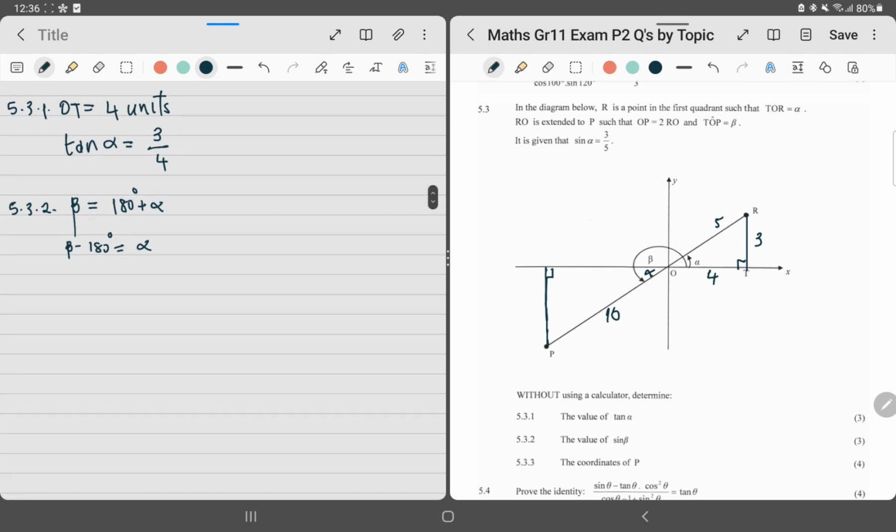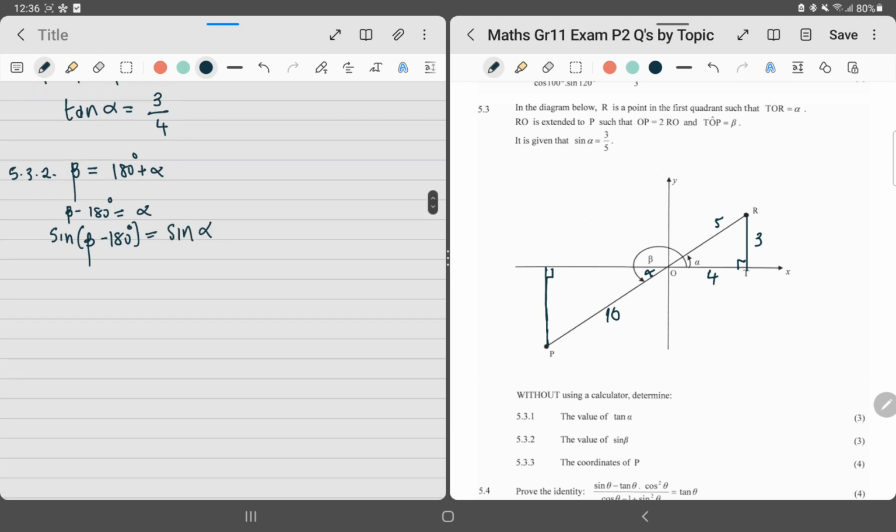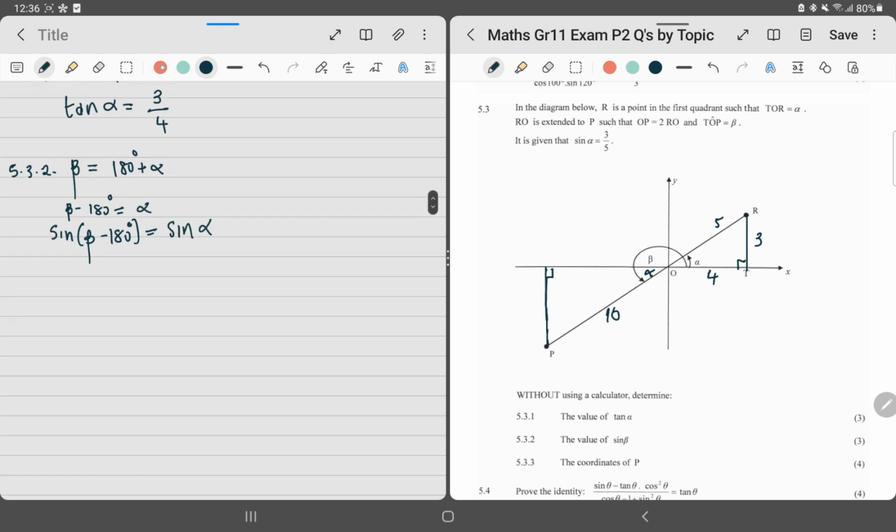And then I'm just going to introduce sine on both sides. Sine of beta minus 180 degrees should be equal to sine of alpha. Whenever we have a negative angle, we add 360. So now we're going to have 180 plus beta, which is in the third quadrant.